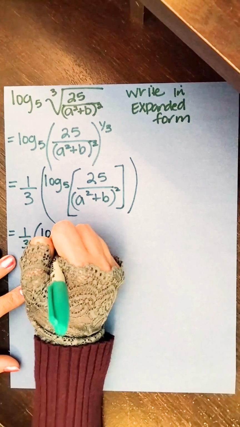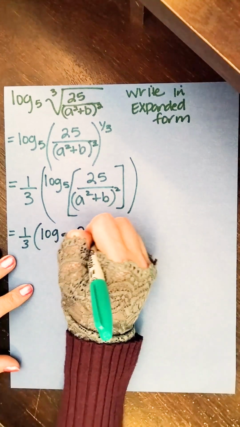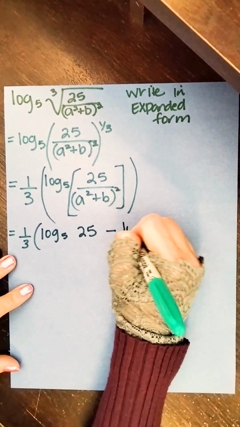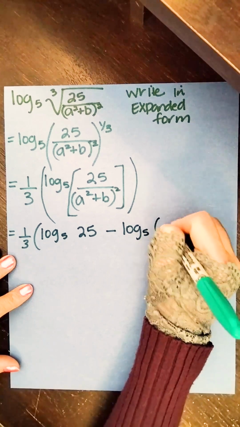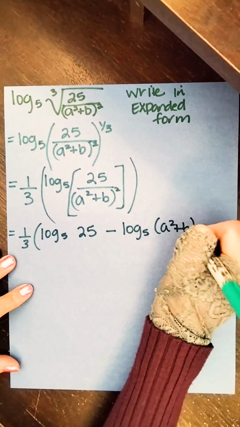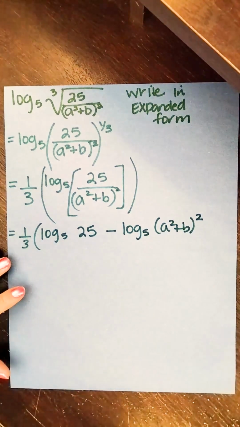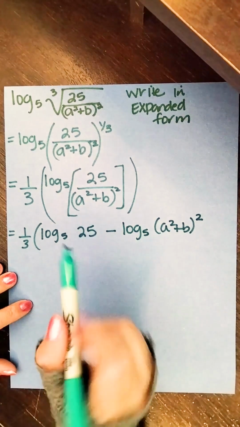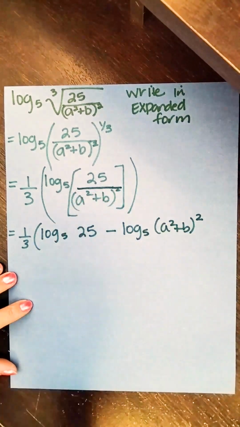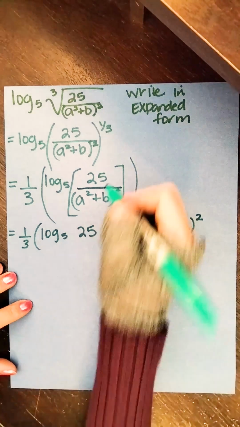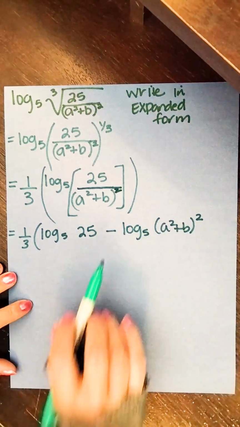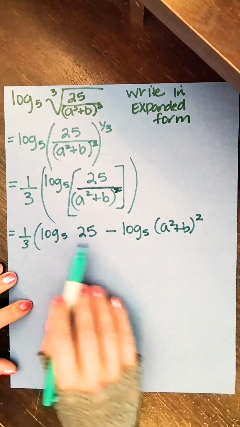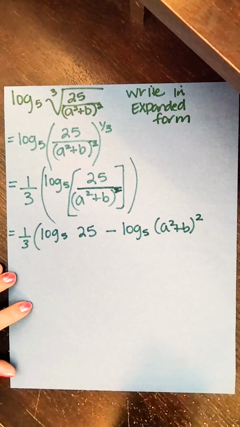So log base 5 of 25 minus log base 5 of a squared plus b all squared, since we have the log of a quotient, we can use the quotient property, where you subtract the log of the numerator and the log of the denominator.